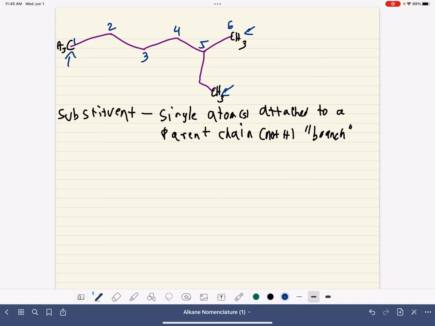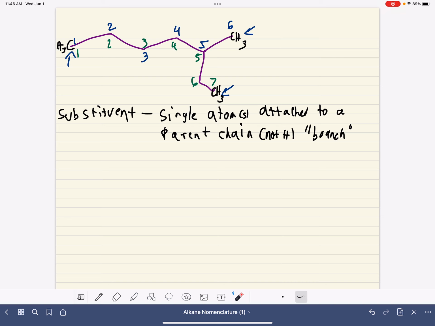Well, what would happen is we would actually get 1, 2, 3, 4, 5, 6, 7 carbons if we number the parent chain going down this way versus straight across. Now what ends up happening is that that's the correct parent chain because it's the longest continuous chain. Going across here will just give you 6, but going straight down this way will give you 7, and that's the definition of the parent chain. You want to have the longest continuous carbon chain.